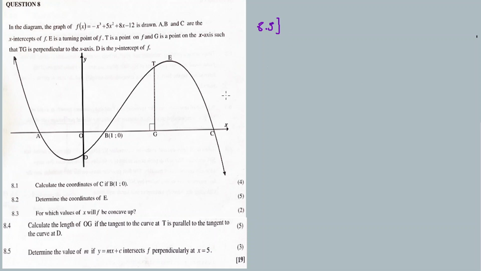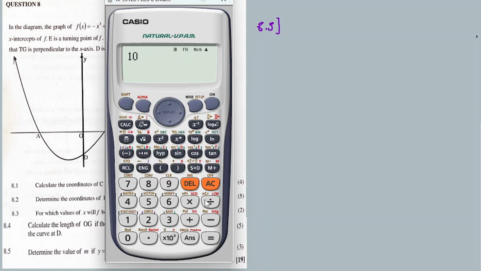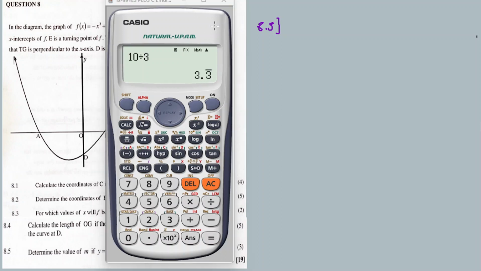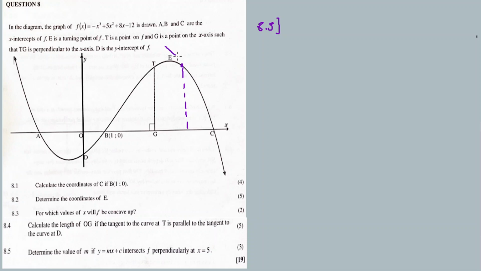But okay, there's a point that is x equal to 5. Let's say somewhere here is x equal to 5. What is 10 over 3? It should be 3 point something, 3,333. Then 5 is somewhere here, right? This is our 5. X equal to 5 somewhere here.